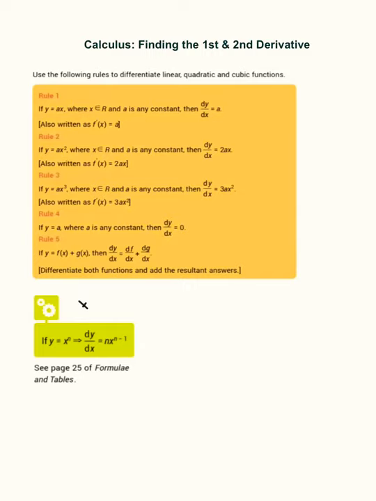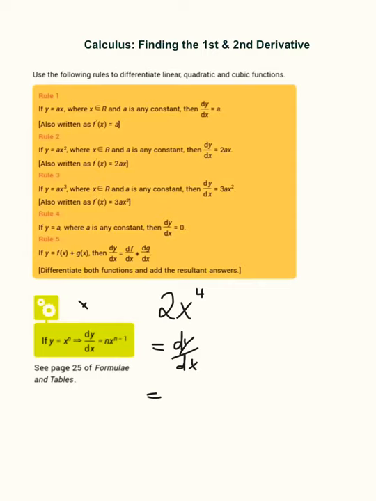So for example, if we had 2x to the power of 4 and we were asked to differentiate it, so we were asked to find dy dx of this term, then we would apply the formula right next to it. In the formula we can see that n is the power, so I must bring n down in front of my term.